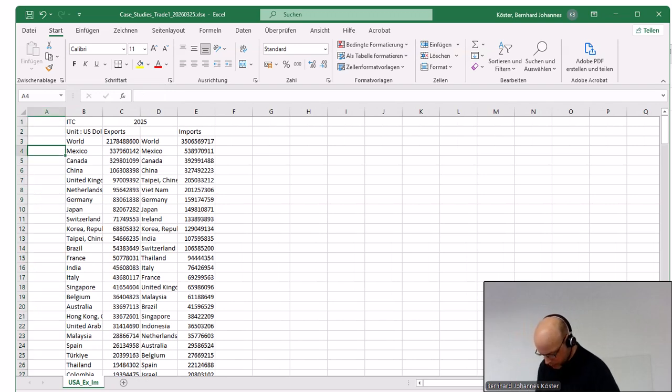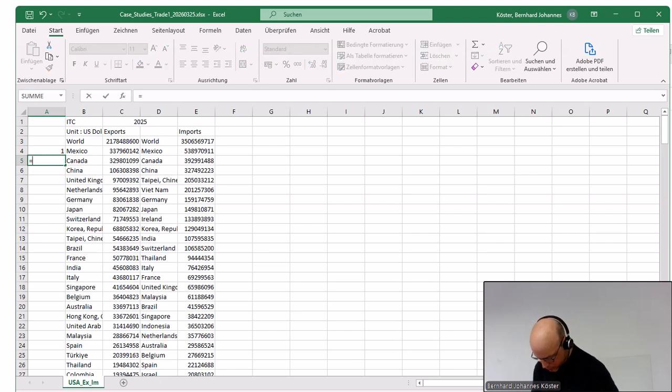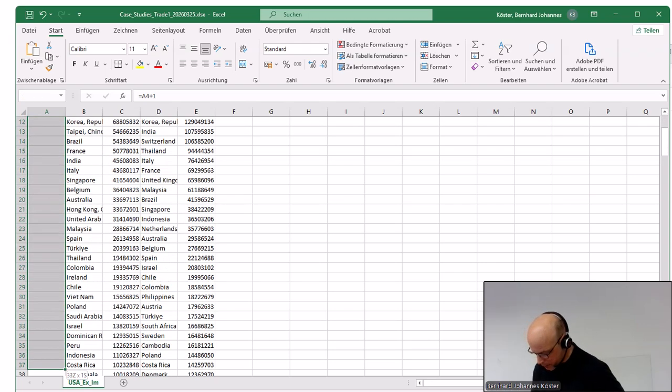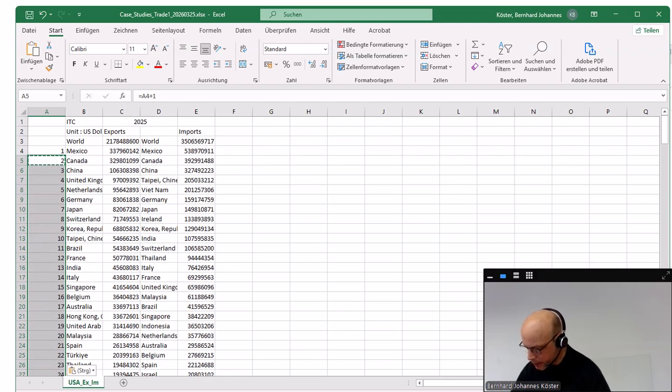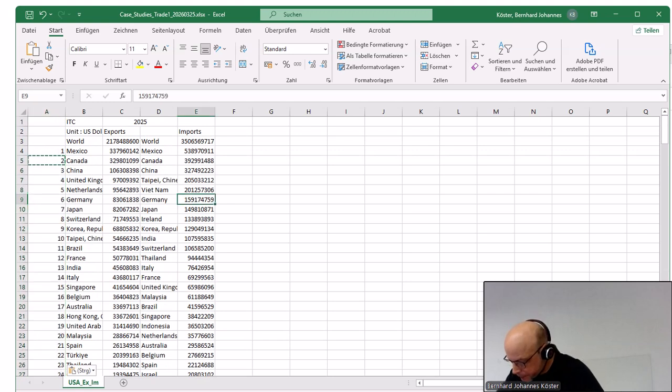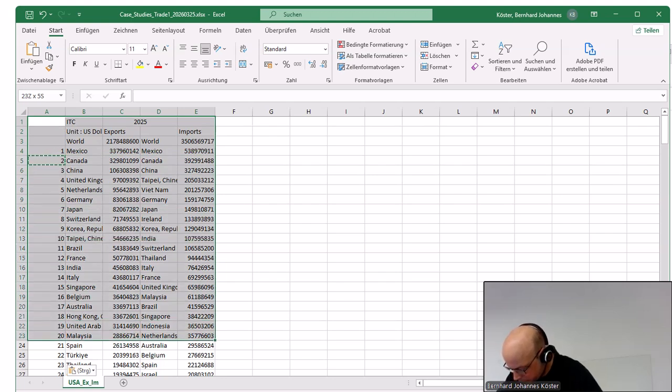So then we want to have the 20 largest, and I'm a lazy guy, so I count down here, and then we have here our table.